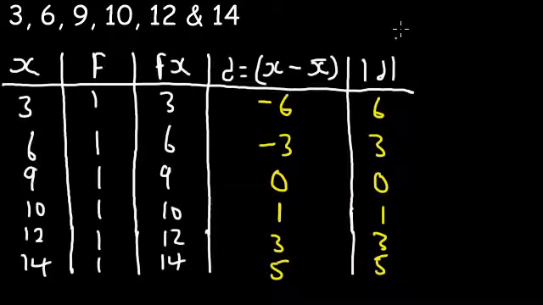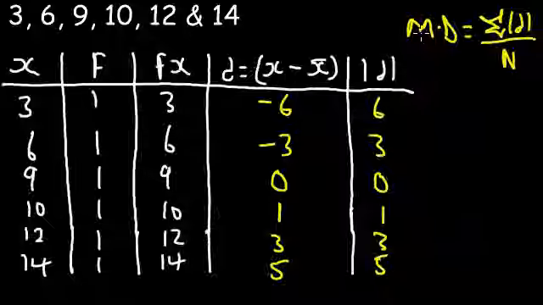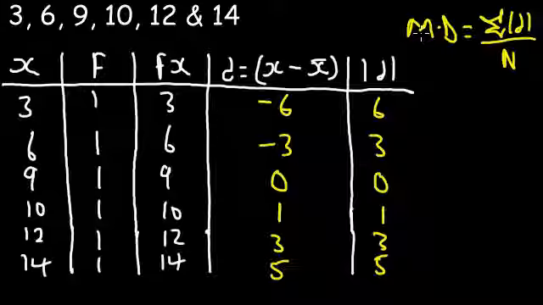So now the MD. We said earlier, since it is an ungrouped data, MD is equal to the summation of the absolute value of D divided by N, which is actually the summation of f. Now, if you do fD, fine, you have actually grouped the distribution, your mark will be considered perfect.